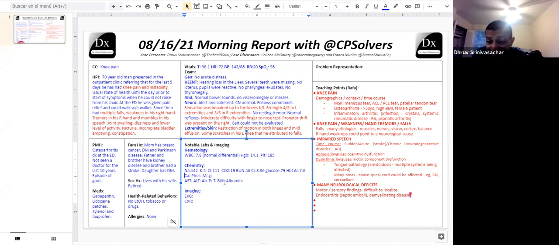His liver functions were normal. I think the only thing was a low total protein at like 5.9, but that's pretty much it.